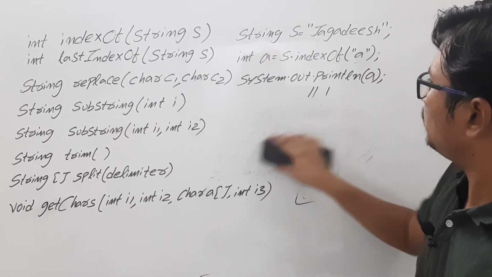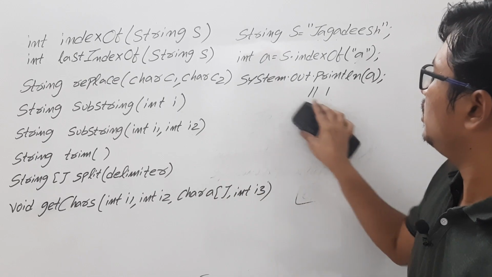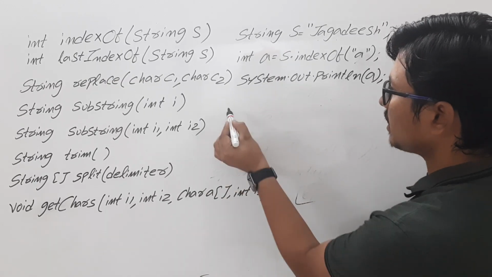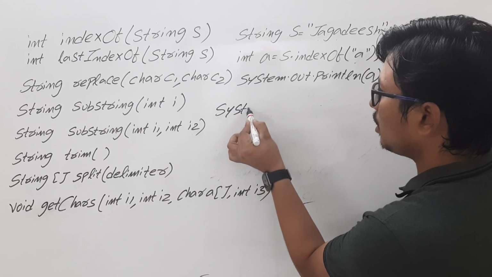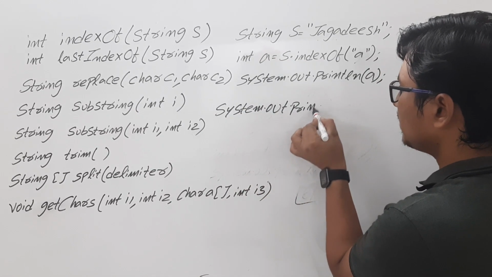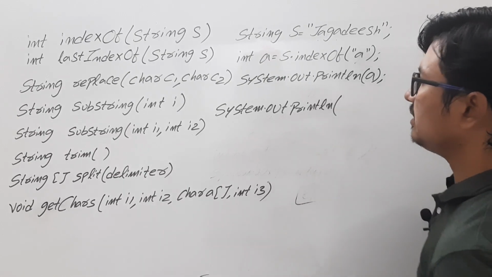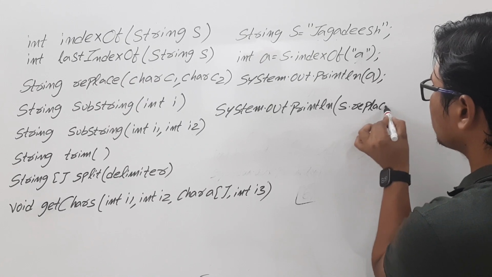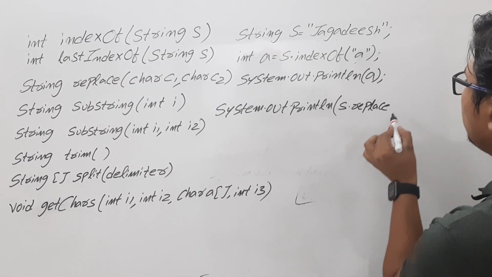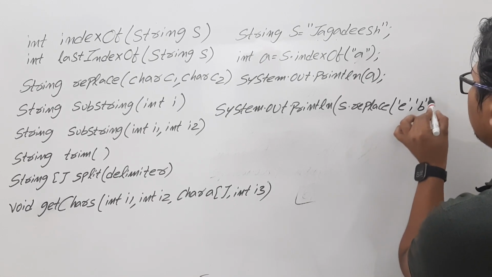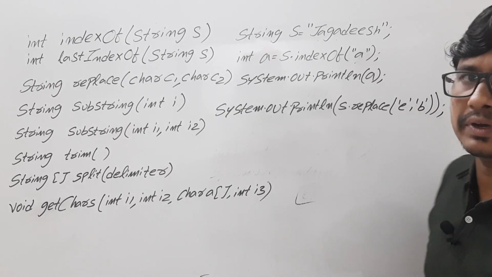So I have Jagadish in the variable called s, which is a string. Now I will write System.out.println, and if I write s.replace, where everything is in lowercase, and in place of e, if I write b, then what will happen?